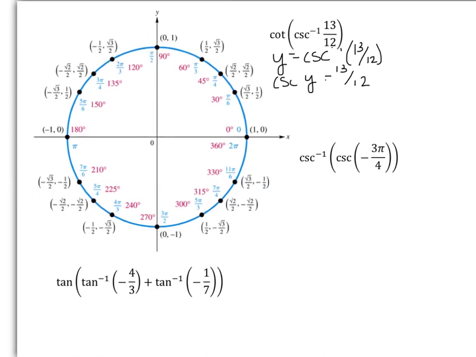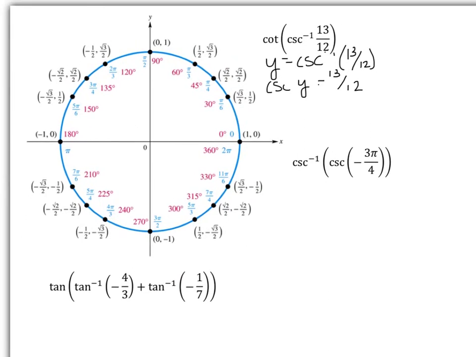What that also means is that I am taking the cotangent of y. This is a Pythagorean identity that I can work with because I know that 1 plus the cotangent squared of y is equal to the cosecant squared of y.